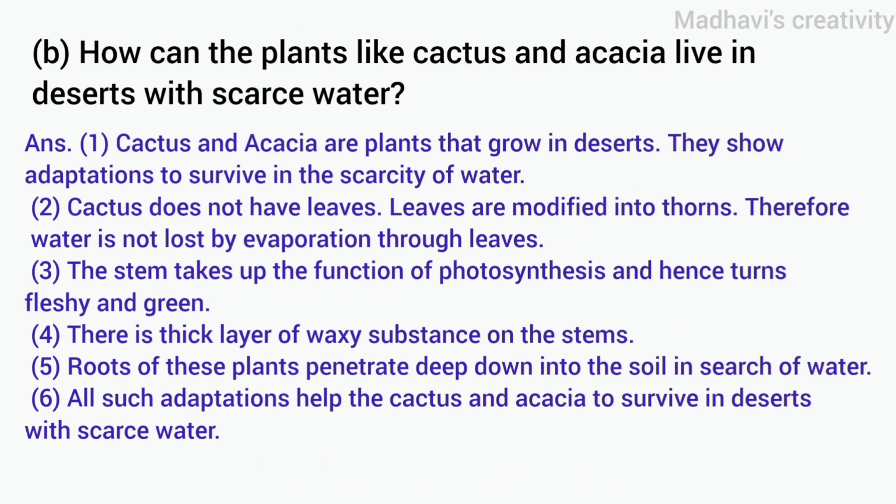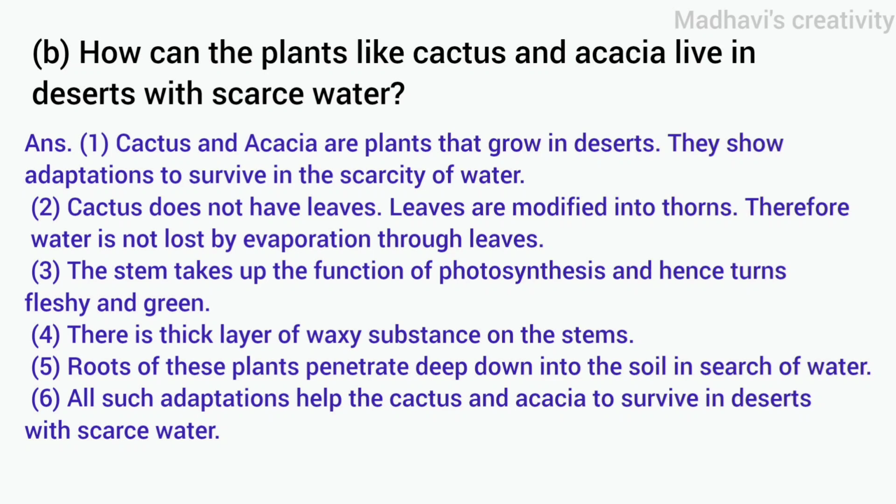B. How can plants like cactus and acacia live in deserts with scarce water? Answer. First, cactus and acacia are plants that grow in deserts. They show adaptations to survive in the scarcity of water.